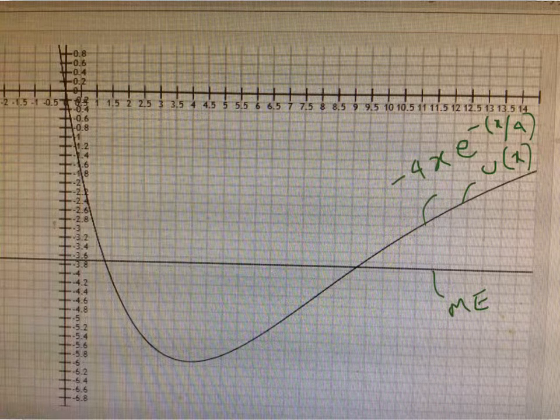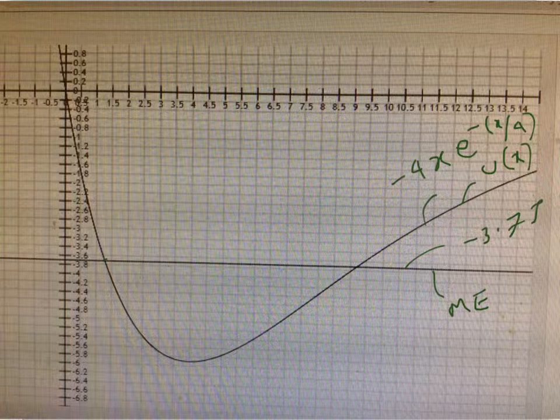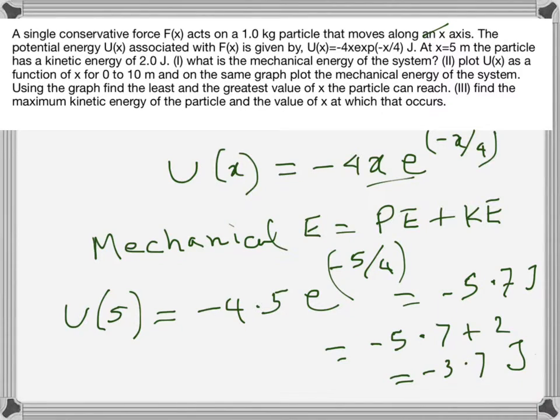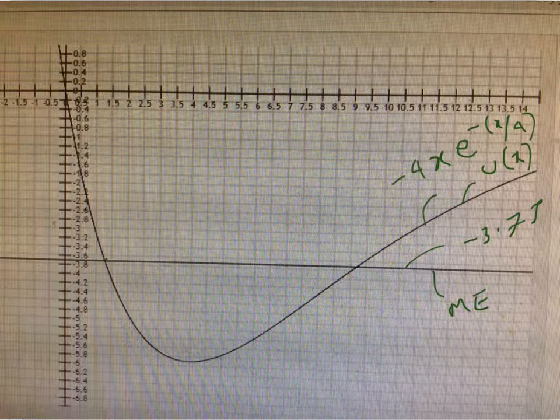This is constant, and this is the value here, minus 3.7 joules. So we have to find the minimum and maximum value of x that the particle can reach. That will be this value and this value, because if the potential energy is becoming less negative there, then in order to maintain this mechanical energy, the kinetic energy has to be negative, which is not allowed.